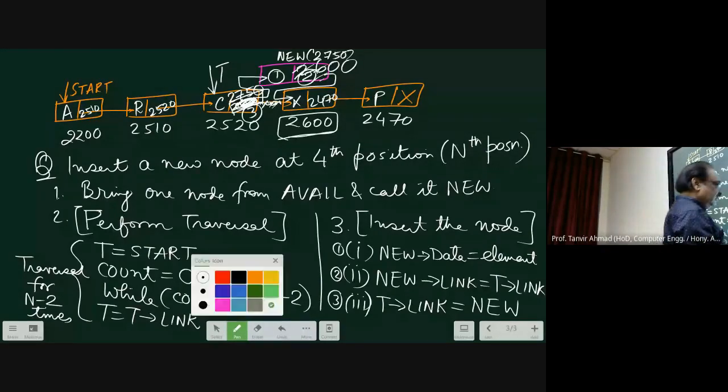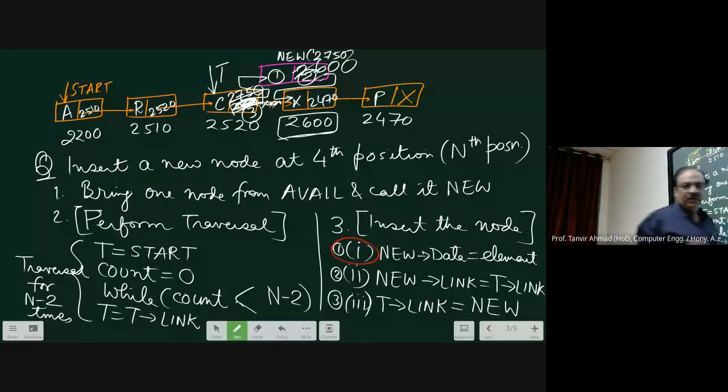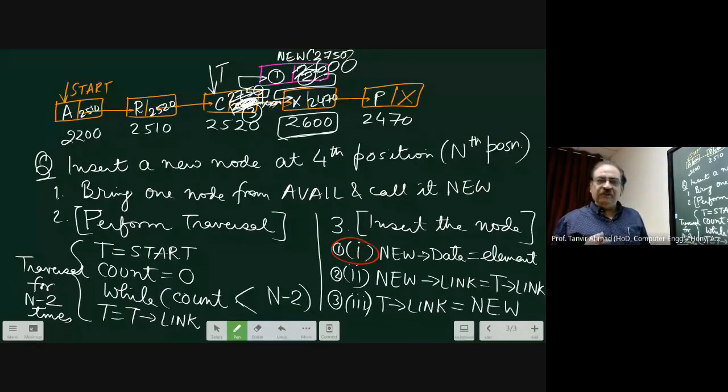This is immaterial. But 2 must always come before 3. If you interchange 2 and 3, you will break all the nodes which are coming after C, because you are not connecting the link and breaking that. Okay, that is an important concept.